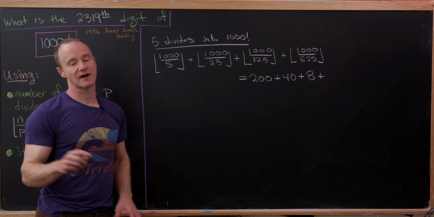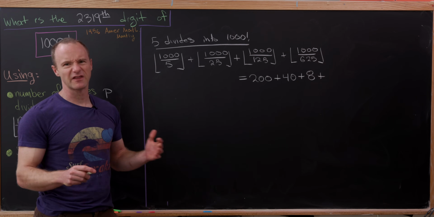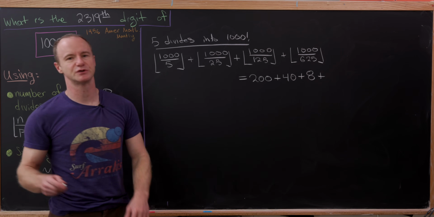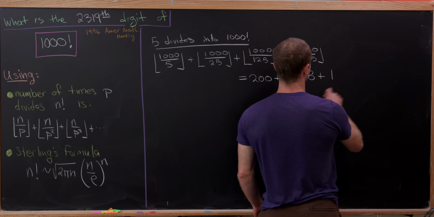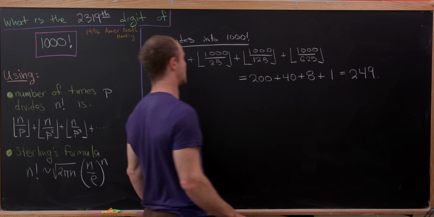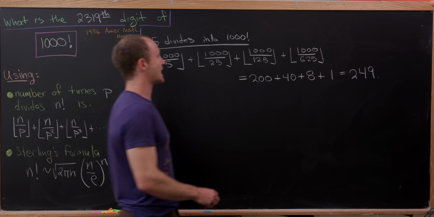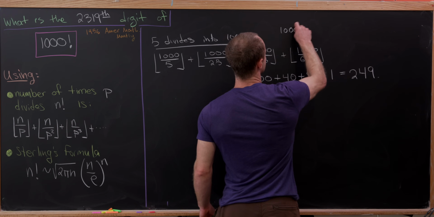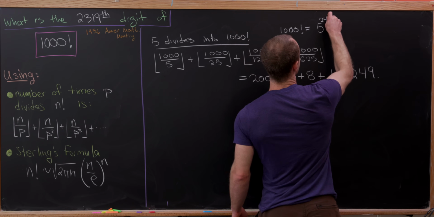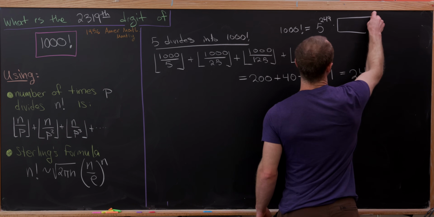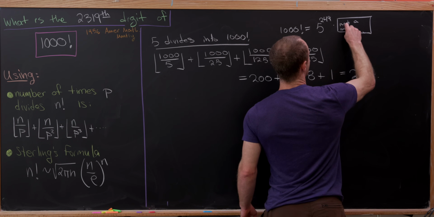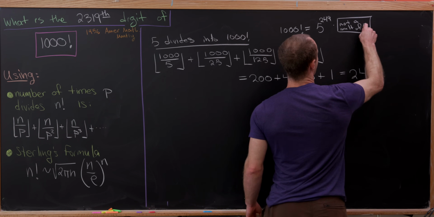That's because 1,000 divided by 500 is 2, and 1,000 divided by 1,000 is 1, and so that means 1,000 divided by 625 is between 1 and 2, making the floor 1. So that means here we have 249. So that means we can write 1,000 factorial as 5 to the power 249 times something, which is not a multiple of 5.